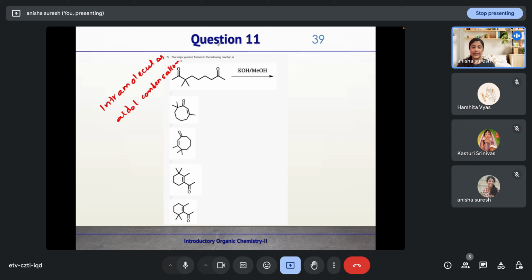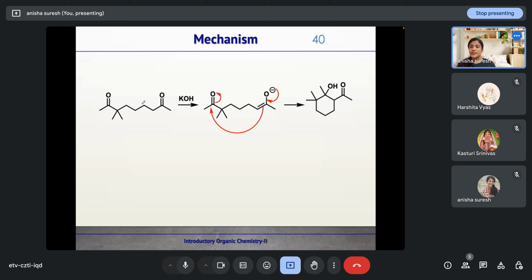So let us see the mechanism. This is the compound that we have. Here these three are alpha hydrogens, these three are alpha hydrogens and these two are alpha hydrogens. The base can abstract any of these protons and it will lead to formation of enolates.